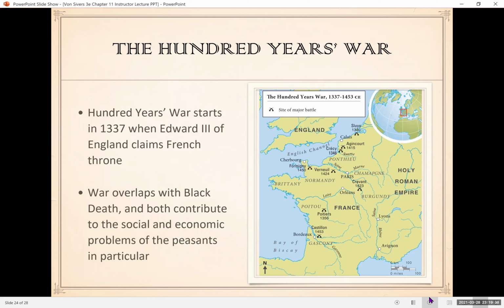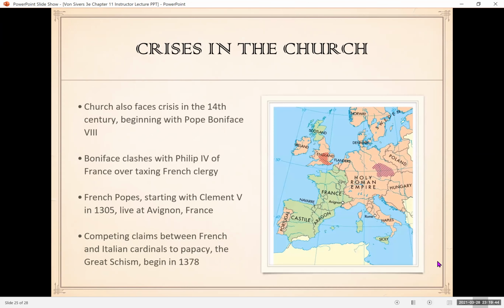Also, the politics are interesting because the French and the British are going to be arguing over who is Pope and where does the Pope live. There had been a crisis in the church in Rome. There will be violence against the Pope because there will be rival families who want their members to be elected as Pope.